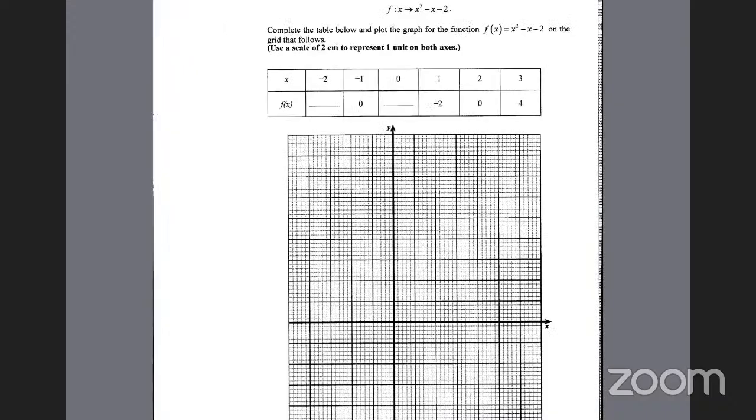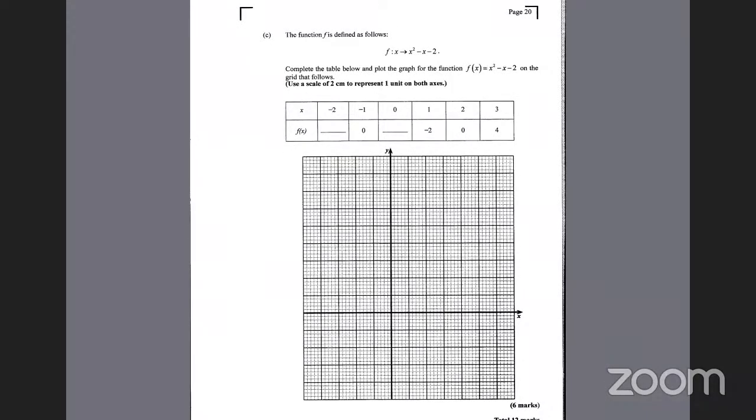h of 1. We are doing catching here, right? So x is minus 2. So what's that? That's 4 plus 2, which is 6 minus 2, which is 4. 0 will give us minus 2, right? Your calculator did it for you.